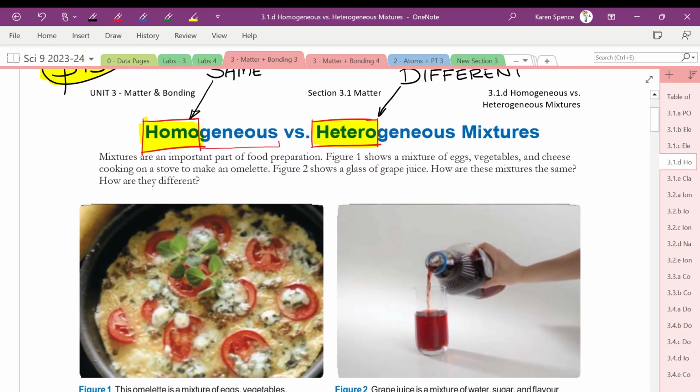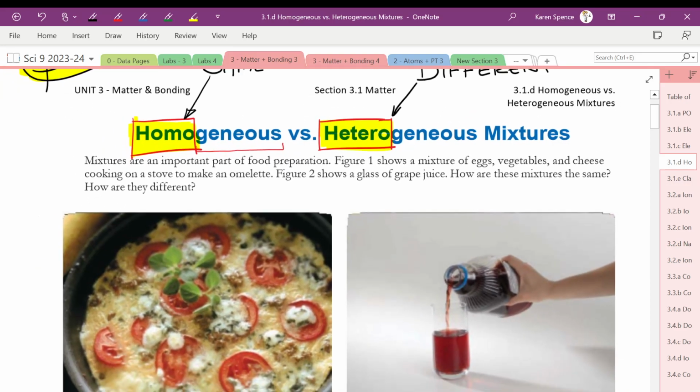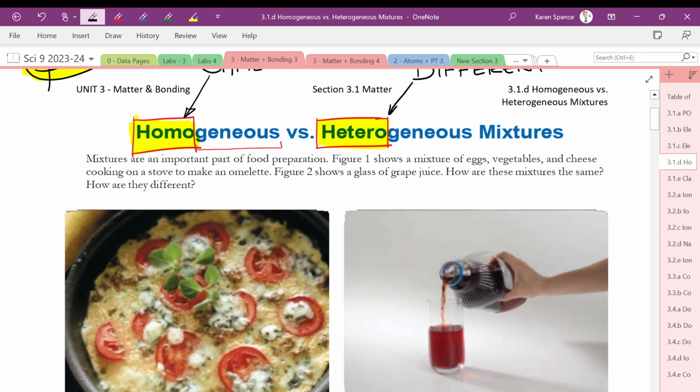Take a look at these two pictures and decide. Here we have an omelet on the left, and we have some juice on the right. Both of them are mixtures. Which one is a homogeneous mixture and which one is a heterogeneous mixture? Tell your partner what you think. Which one is a homogeneous mixture and which one is a heterogeneous mixture?